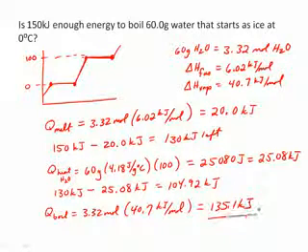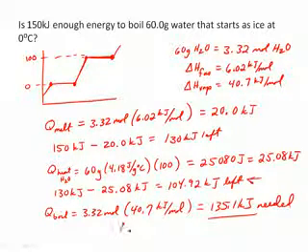That's what I would need to boil the 60 grams of water, and I only had about 105 kilojoules at the time that I reached the boiling point. So the answer is no, I do not have enough energy to boil the water. I would be able to boil some of it, but not all 60 grams. So there you have it. That's the two basic approaches to doing calculations with heating and cooling curves.